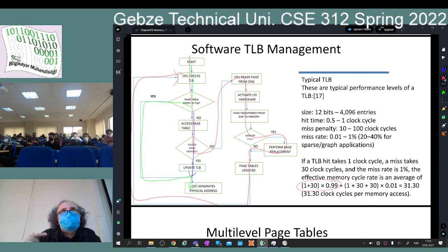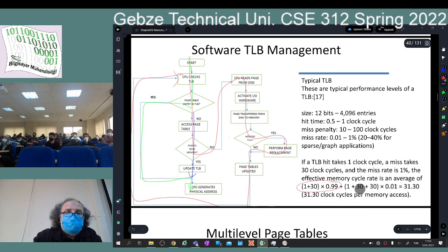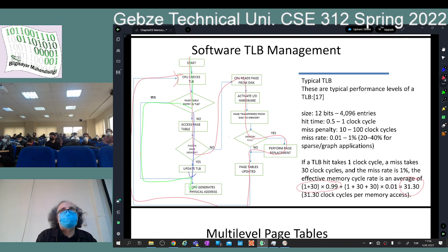In case I missed my page inside the TLB, then I need to go to the memory again: 30 for the page lookup inside the memory, 30 for the real memory lookup, 1 for the TLB, and this will happen only 1% of the time. So the total will be 31.30. That's the cost of using the virtual memory. Instead of spending 30 clock cycles for each memory access, I am spending 31.30.